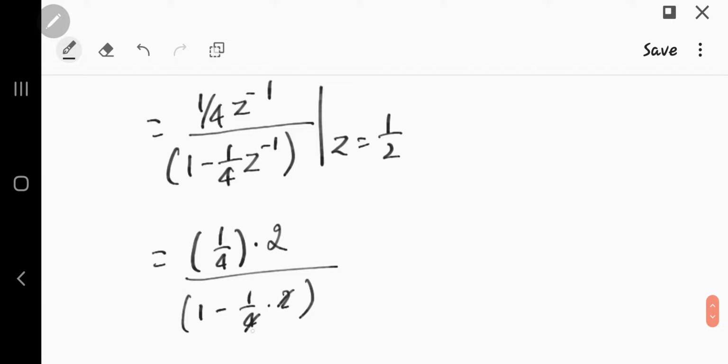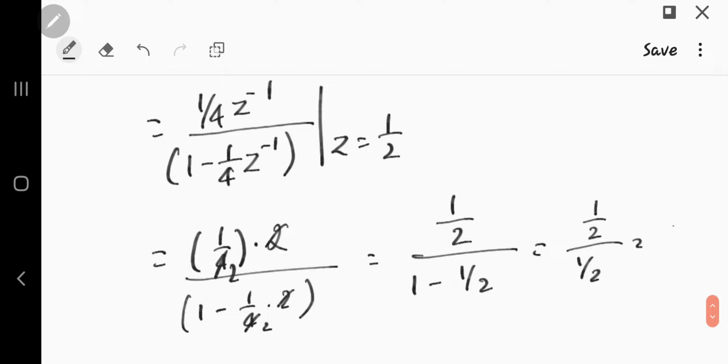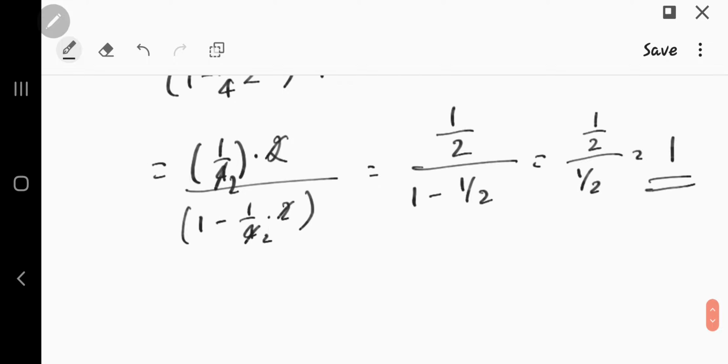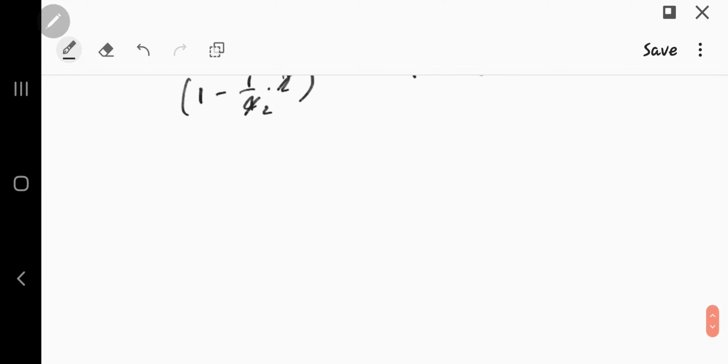So this 2 and this get cancelled. So you get 1 by 2 divided by 1 minus 1 by 2. So that is 1 by 2 by 1 by 2. So the value will be 1. So k1 value is 1 here.